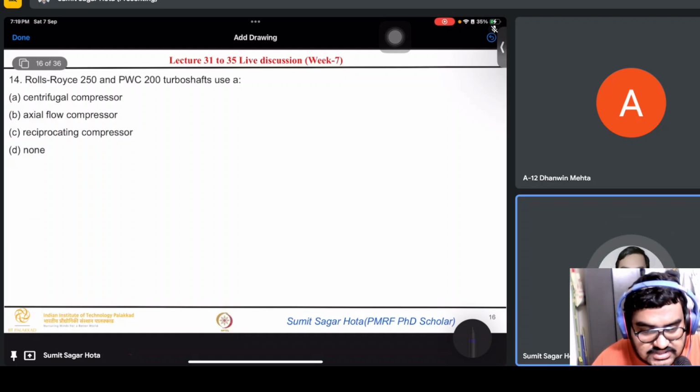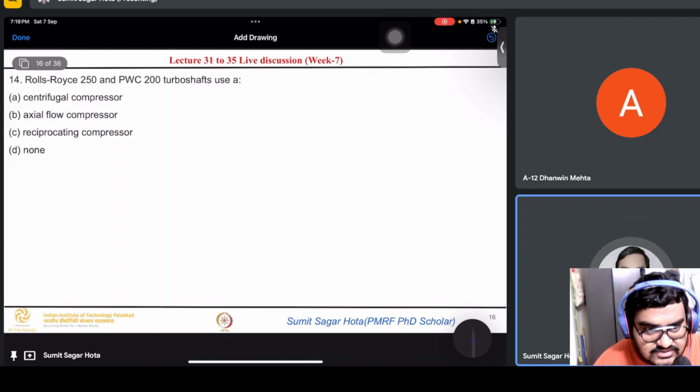But rather if you just think about what type of compressor we can use in turboshaft engines, then it will be a very good option. And if you have heard about these names, where these Rolls Royce engines are used, then you can very easily answer this question.